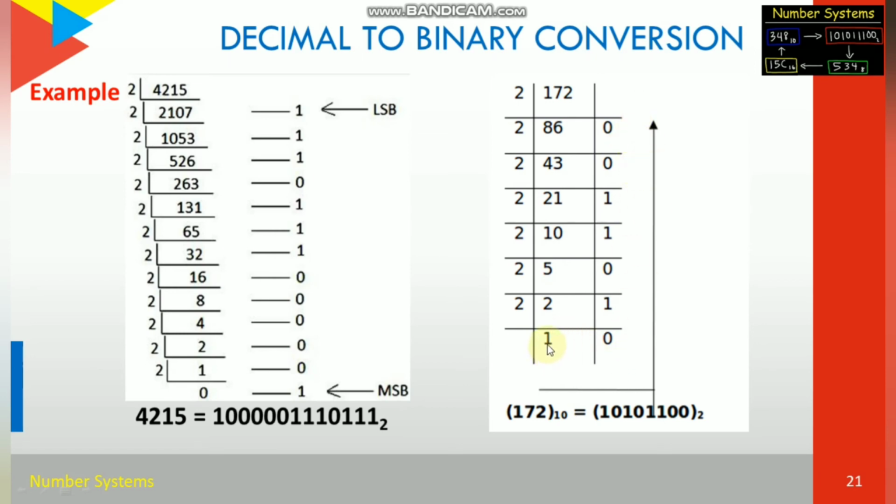So see here, 1 0 1 0 1 1 0 0. Clear? Always write the answer from bottom to top, that is from the last obtained value to the first obtained value. This is called repeated division by 2.